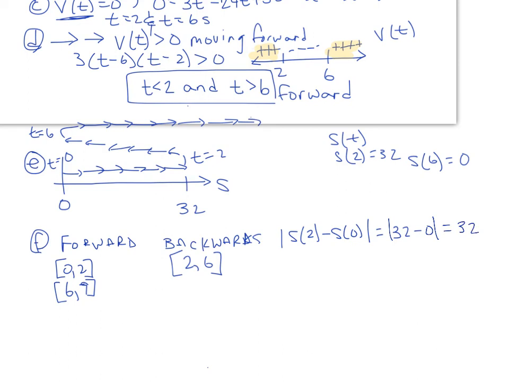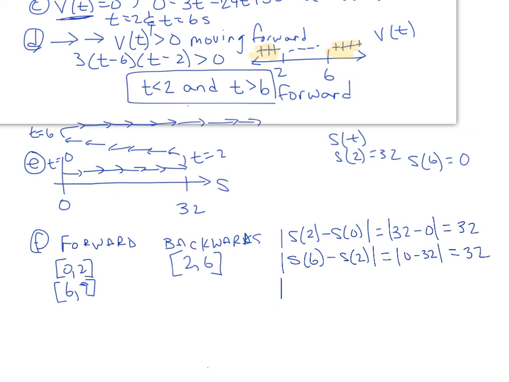All right, then I need s, this is another forward. Actually, this is backwards. Let's do the s of 6 minus s of 2. And when I do the absolute value here, it gives me 0 minus 32, and that's a distance of 32.